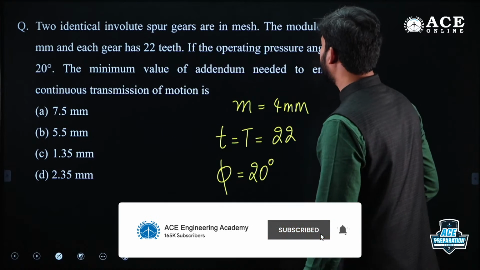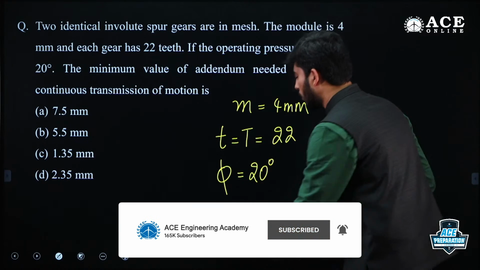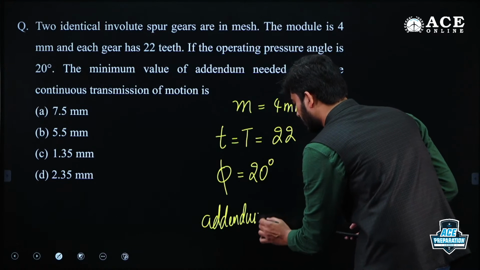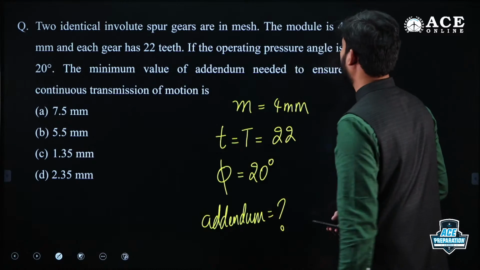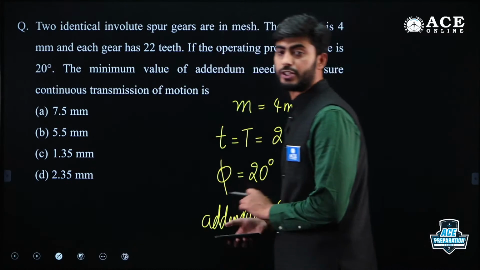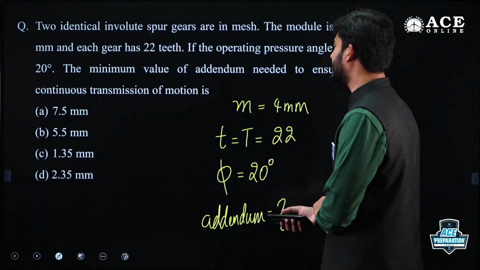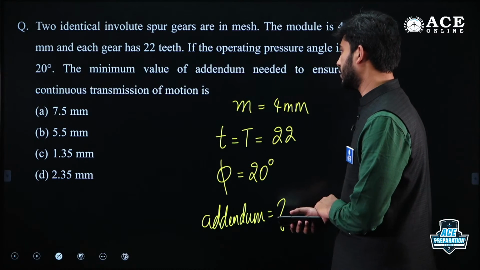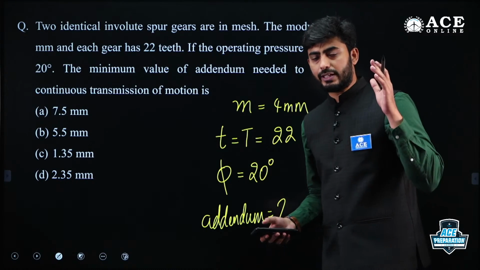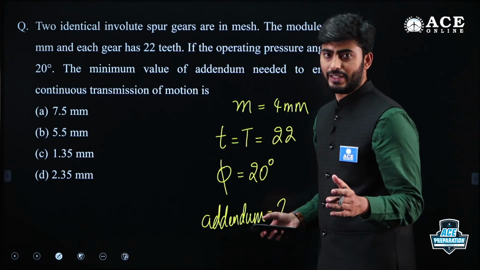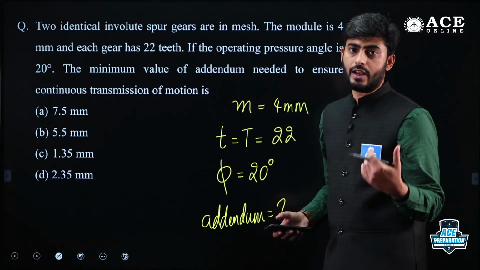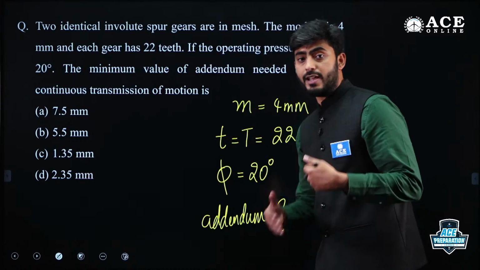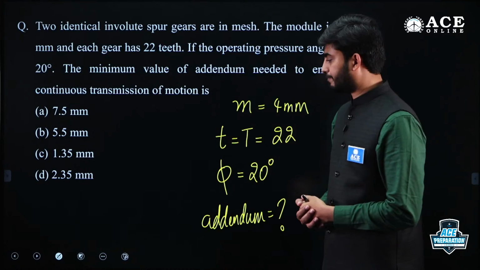Next, minimum value of addendum. What is the value of addendum needed here to ensure continuous transmission of motion? So if you want to transmit the motion continuously, the gear teeth should be consistently in contact.